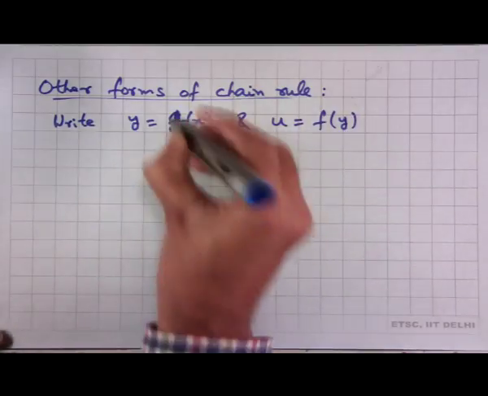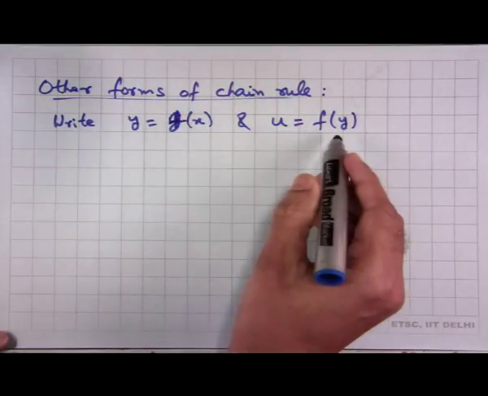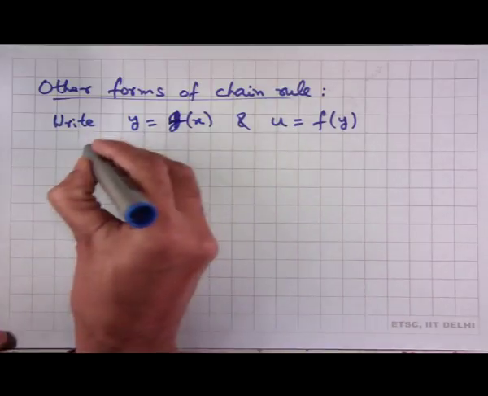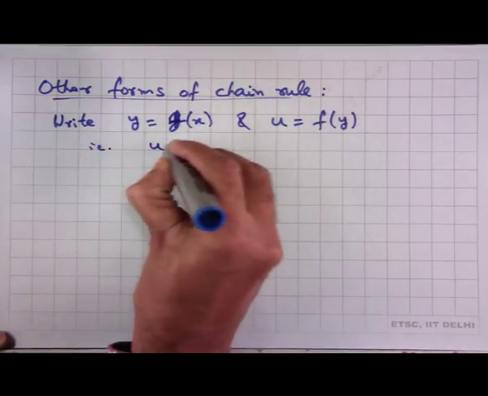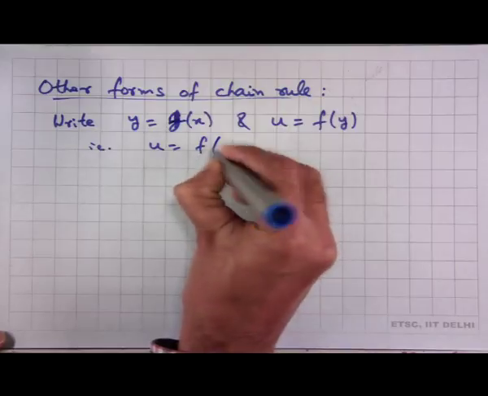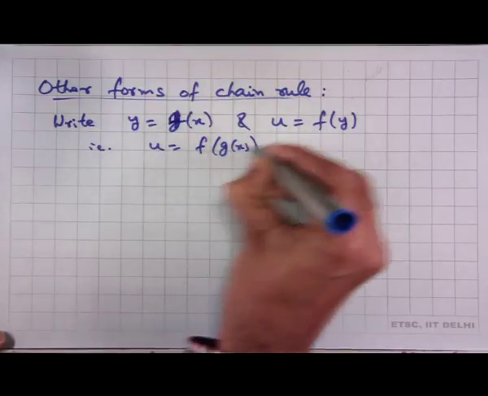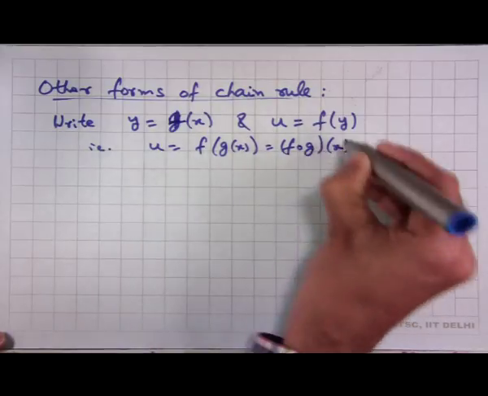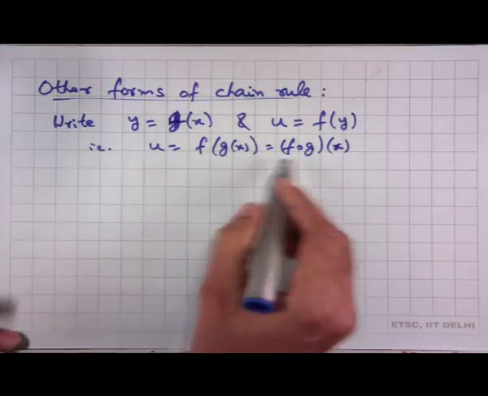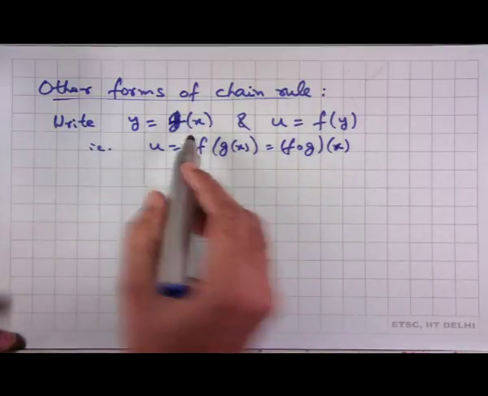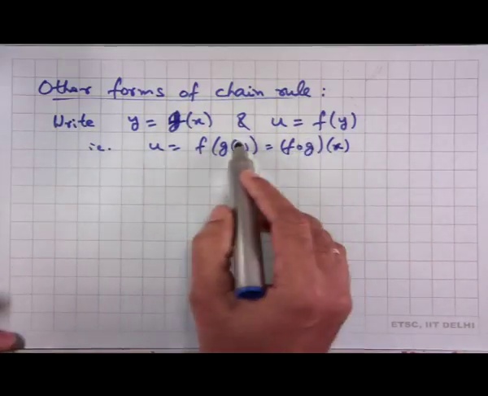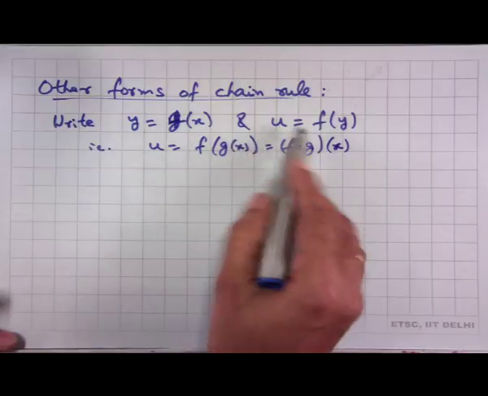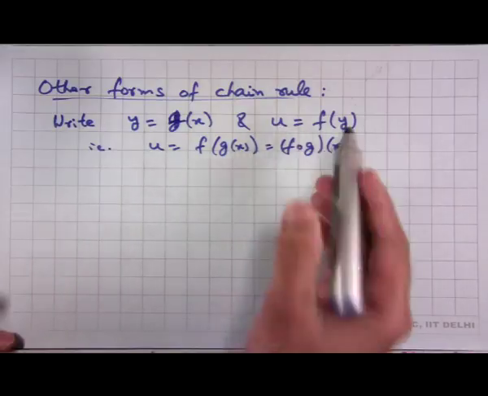So, this is writing the composite function. That is, u is nothing but f of g of x, which is f compose g of x. Any composite function can be written like this. You define y to be equal to g of x, the inner function, and then u is equal to f of y.